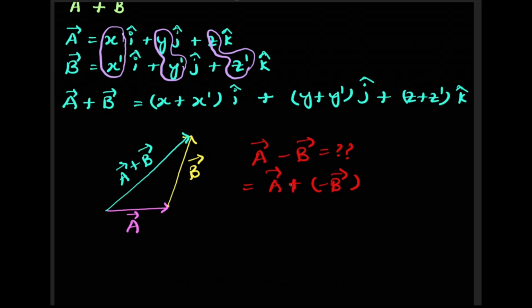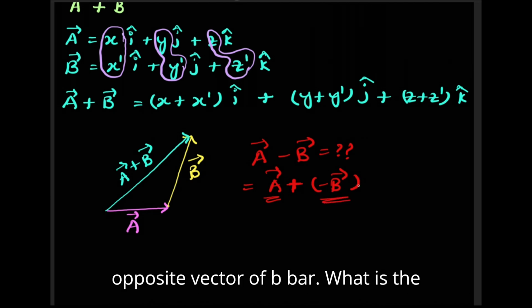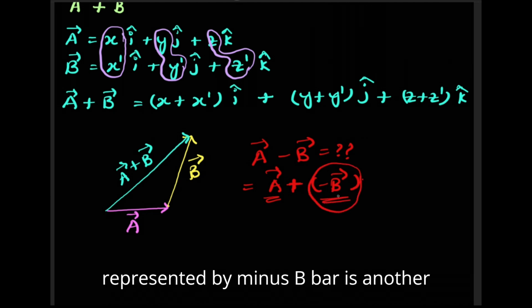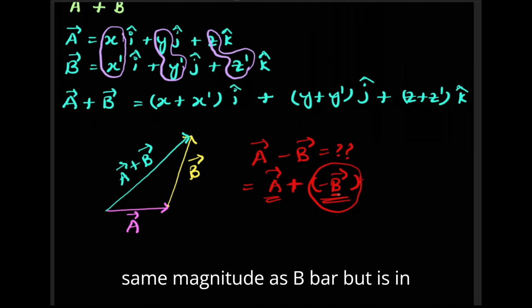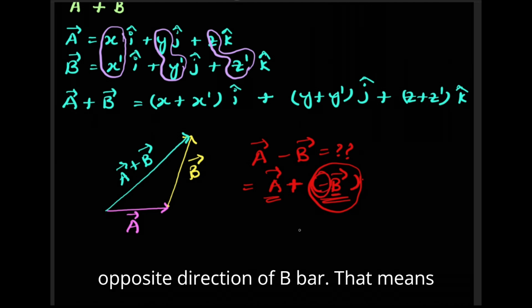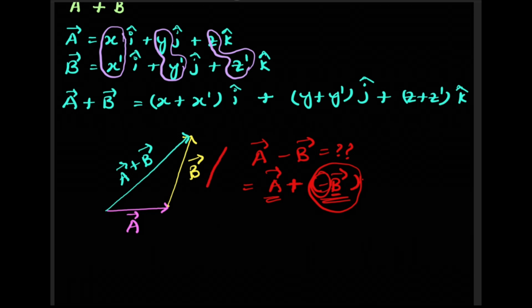That means it can also be represented as addition between the vector a bar and the opposite vector of b bar. The opposite vector of b bar, which is represented by minus b bar, is a vector having the same magnitude as b bar but in the opposite direction of b bar. That means minus b bar can be represented like this.